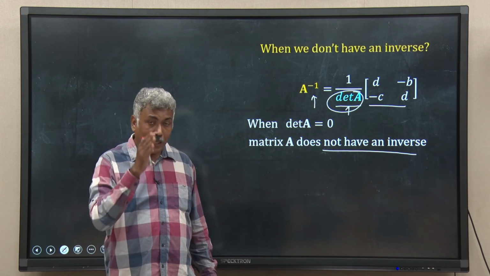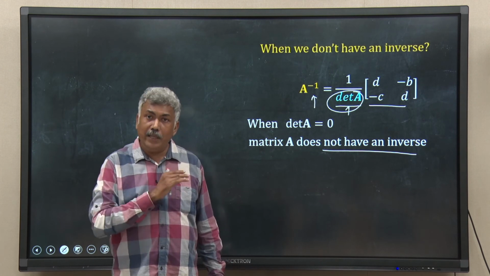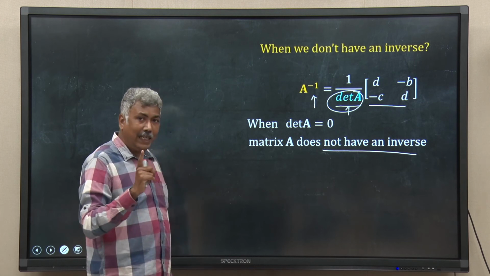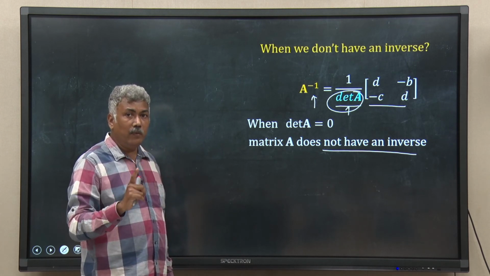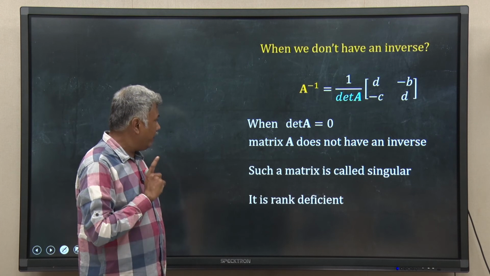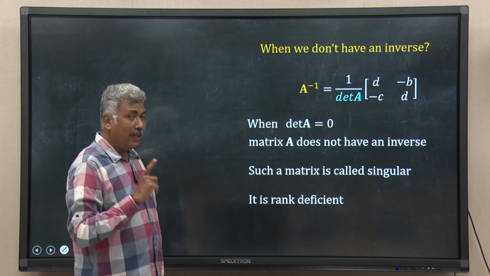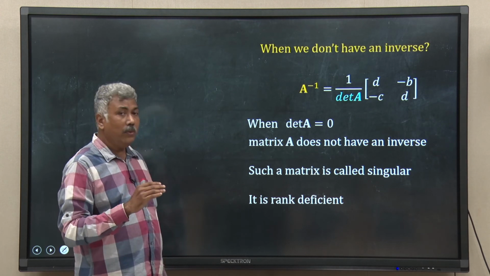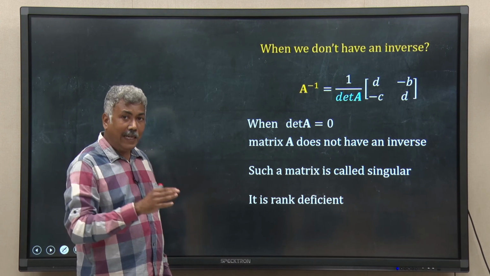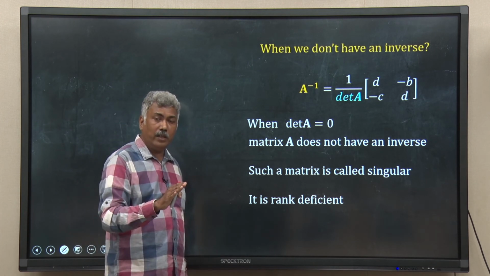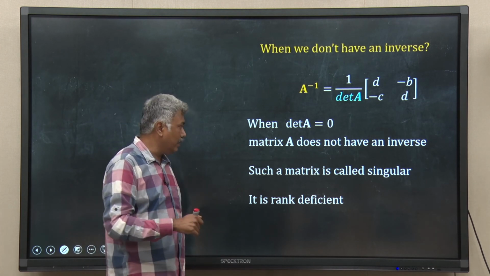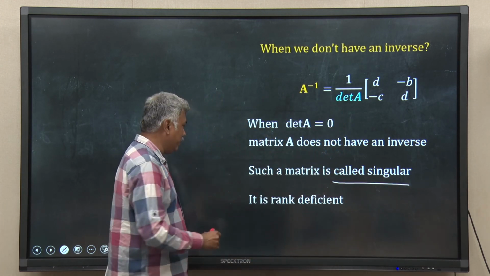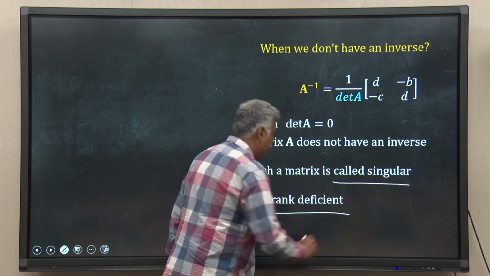That means the columns or rows have linear dependency among themselves, then we will have determinant equal to 0. So, in that case I will not be able to invert the matrix. That type of matrix, where the rank is less than the maximum, that means it is rank deficient, and we have determinant A equal to 0, and that is why we do not have any inversion of that matrix, is called a singular matrix, and a singular matrix is by rule rank deficient.